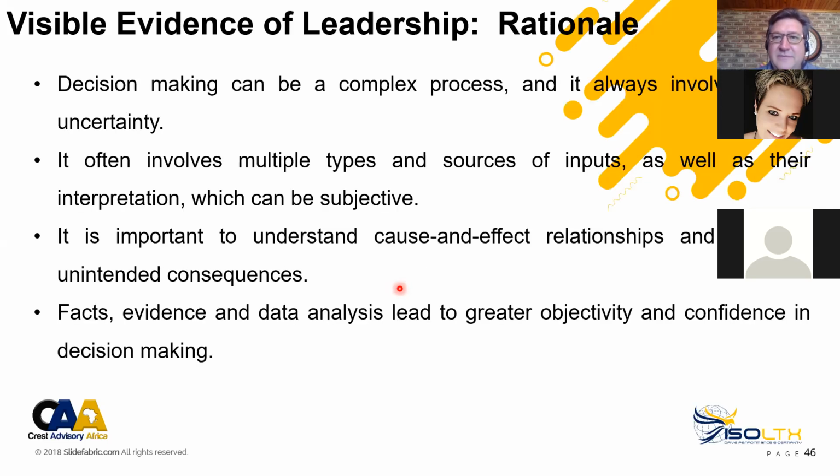If you're looking at the rationale behind this, decision making can be a complex process, and it always involves some uncertainty, and this is why the meaning of risk. So we are taking risk every day. We are taking risk in just waking up. We are taking risk in getting into a car, driving somewhere.